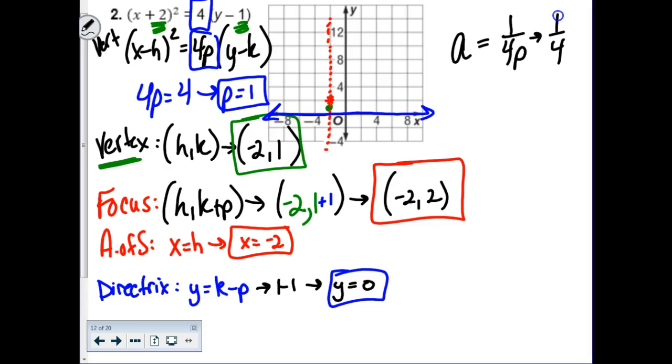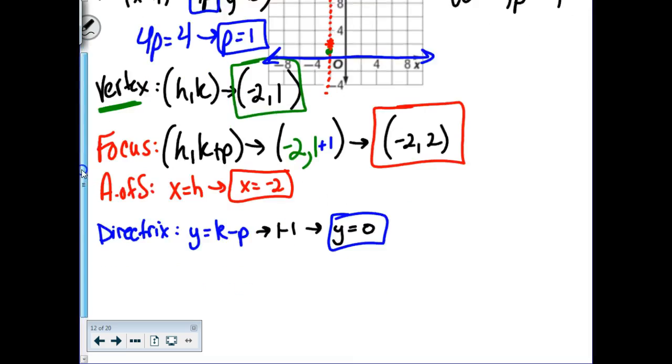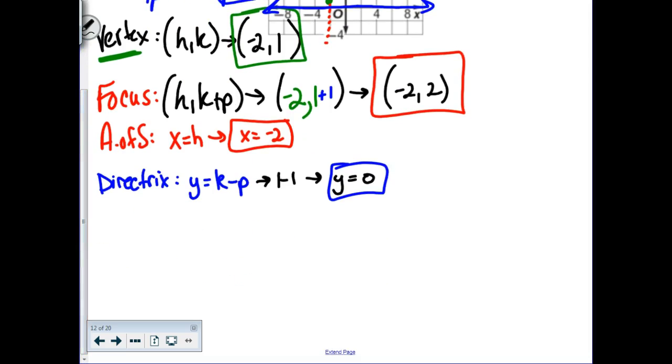So here we go. I need a point. But my problem is I don't have a point. So I'm going to need to take that formula and rearrange it for y. The original problem is x plus 2 squared equals 4 times y minus 1. What would be your first step in trying to isolate that y right there?